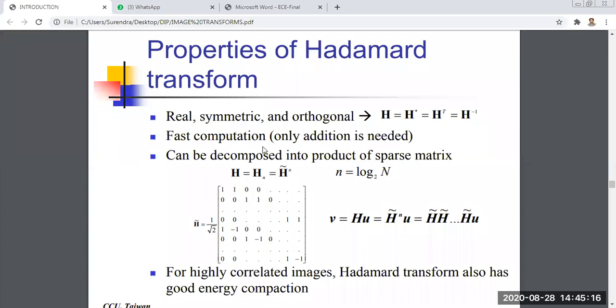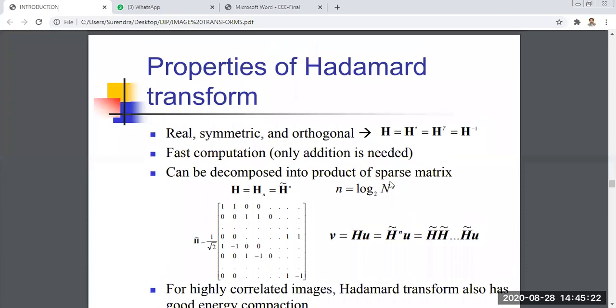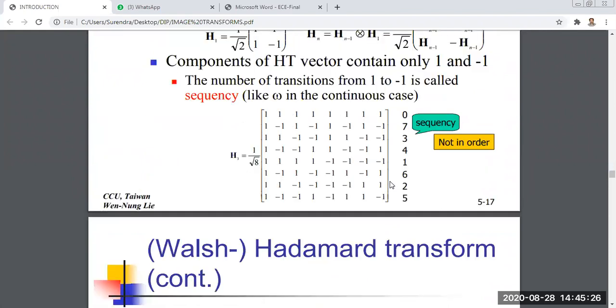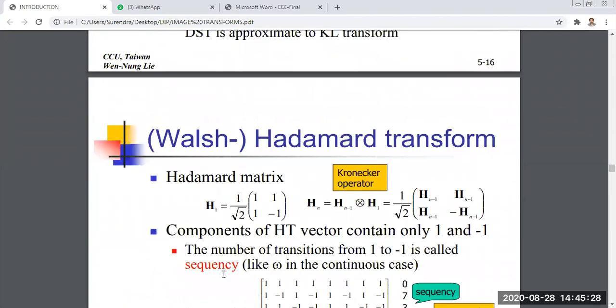Only additions, and it can be decomposed into the product of sparse matrices, as with your normal Hn in the previous case, dividing into different submatrices. What is a submatrix? This is H1, H2, H3, H4.